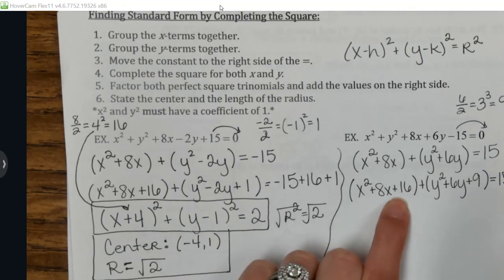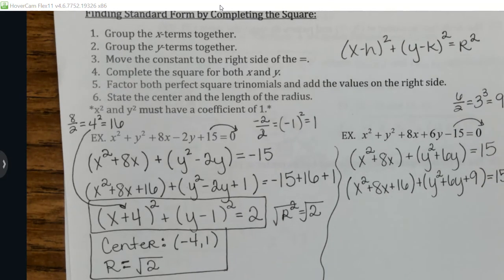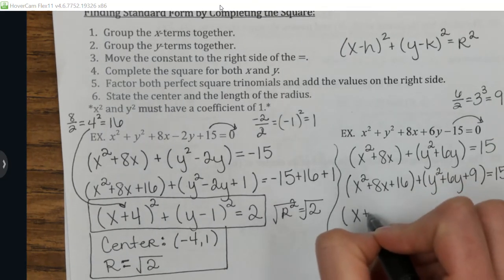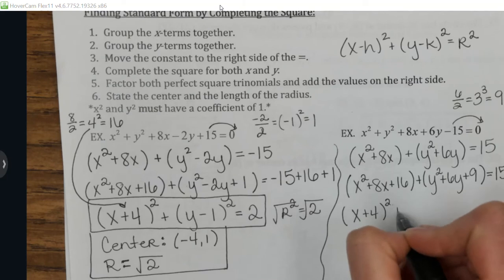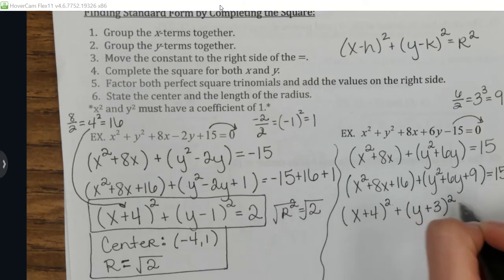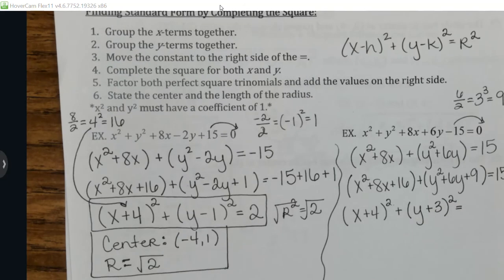So do not forget to add plus 16 plus 9. Factored form is going to give me x plus 4 squared plus y plus 3 squared equals 15 plus 16 plus 9.